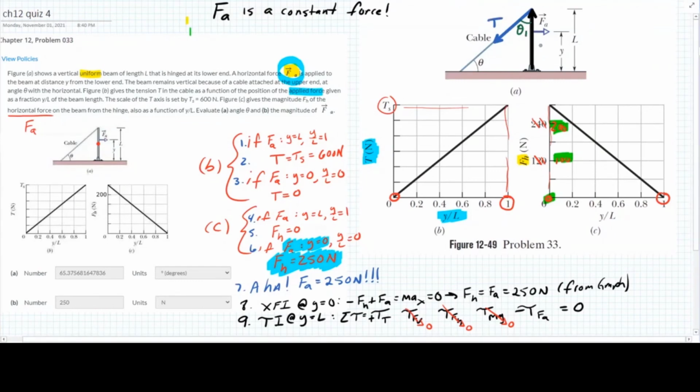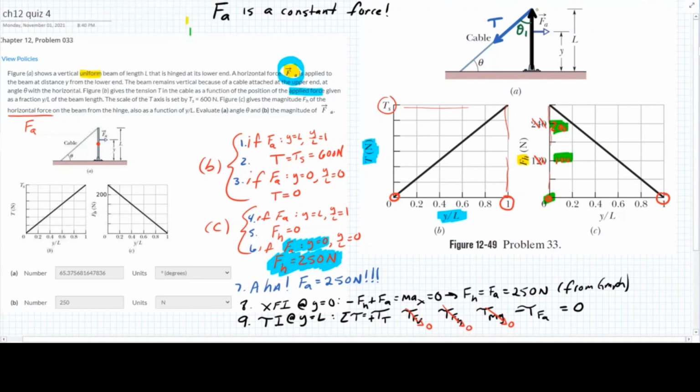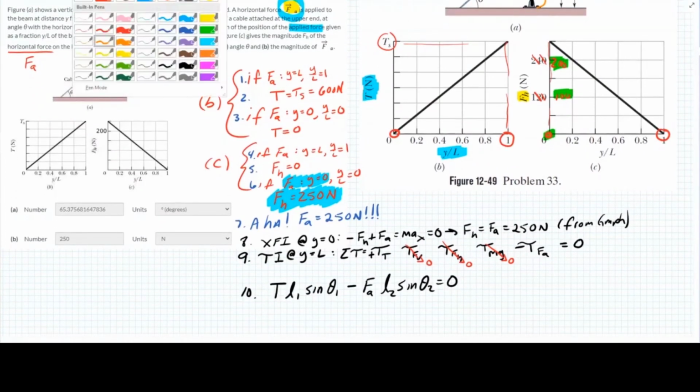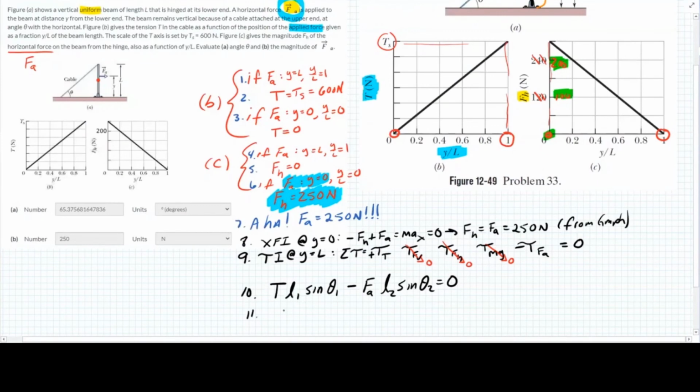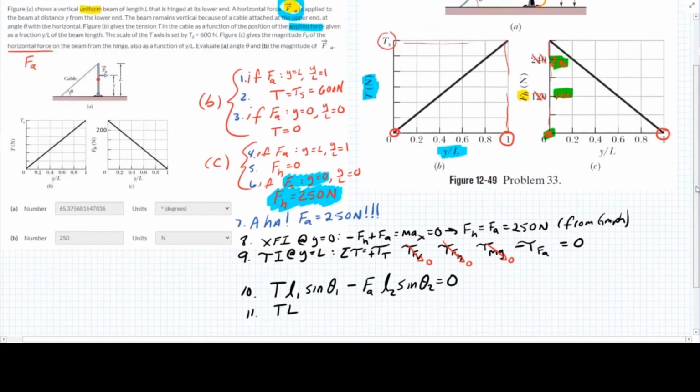This is my position vector right here, which is the same as L because I'm doing all of this at L. This is, as shown, L. So let's update all of that. Number 11 comes from number 10. T times L times, let's talk about theta 1 here. I can see that theta 1 equals 90 degrees minus theta.